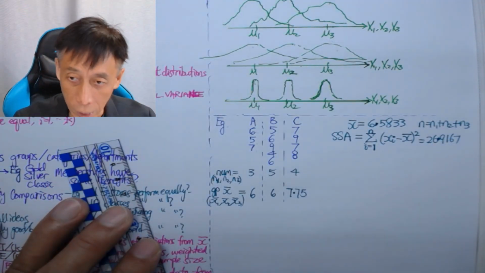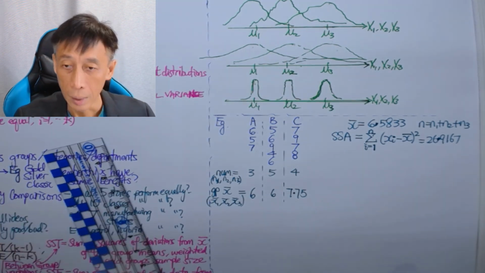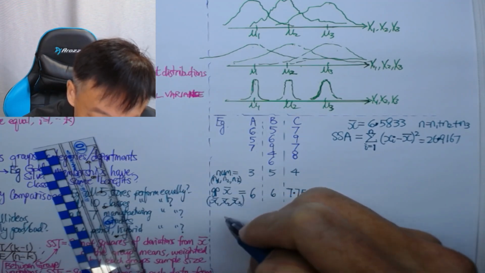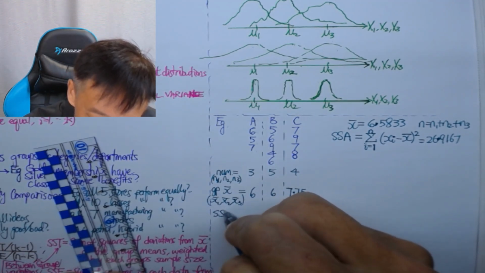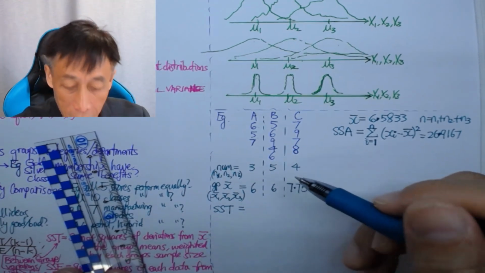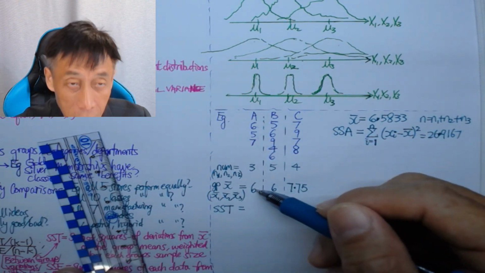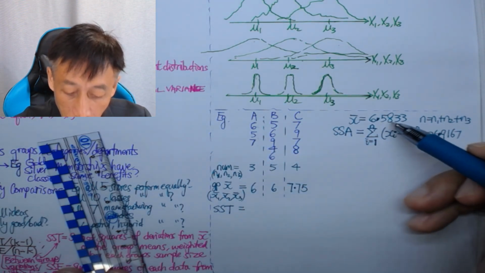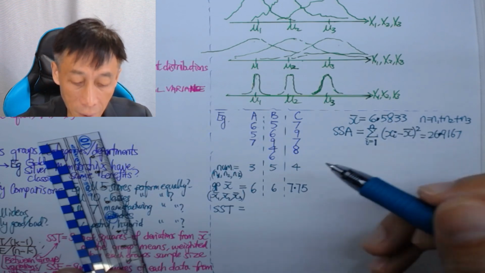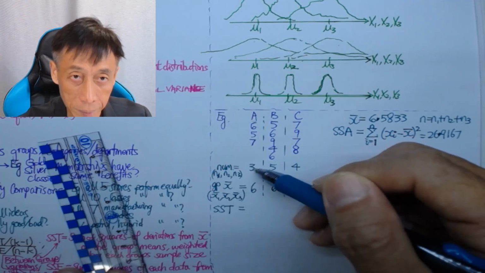Then what we can do is to calculate the sum of squares between the groups. Between the groups means let each group, like 6, 5, and 7, be represented by 6. So 6 minus 6.5833 squared, then times back the 3 here, the sample size.